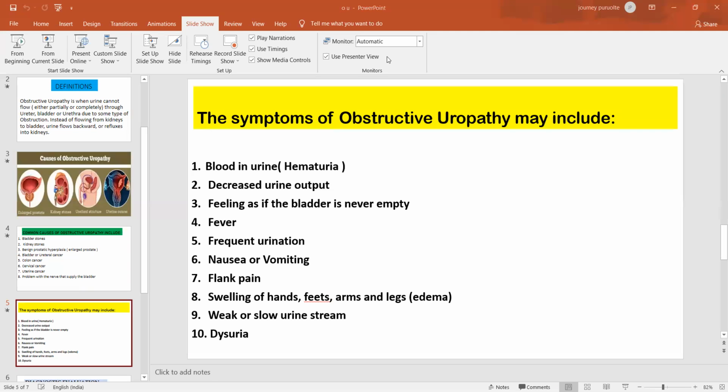So if there was no obstruction, then what was the normal urine output that we human beings excrete every day? Can anyone tell me? Say, Darshana, say. Pardon? I could not hear.